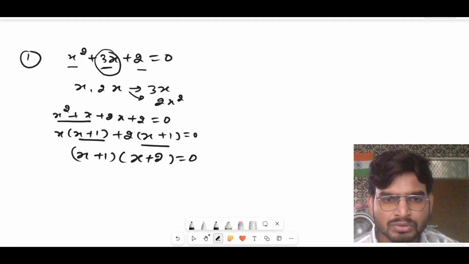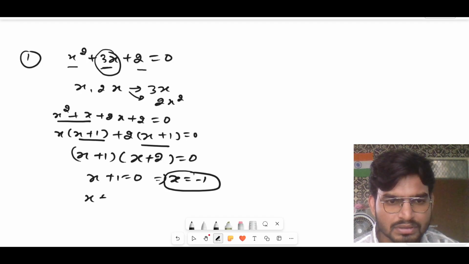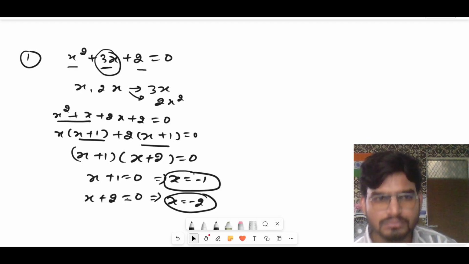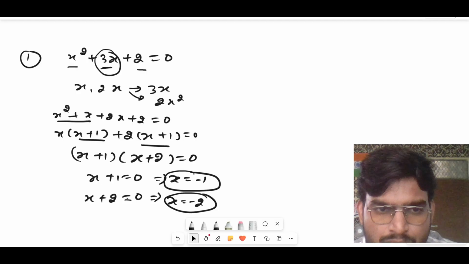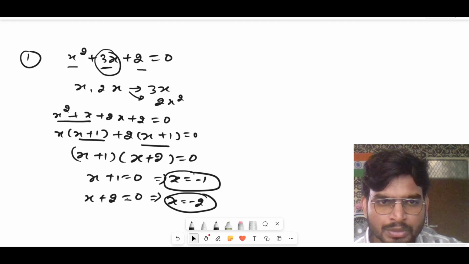The product of these terms equals 0, so if x plus 1 equals 0, we get x equals minus 1, and if x plus 2 equals 0, we get x equals minus 2. So this is the method to split the middle term into two parts and find the roots of the equation.